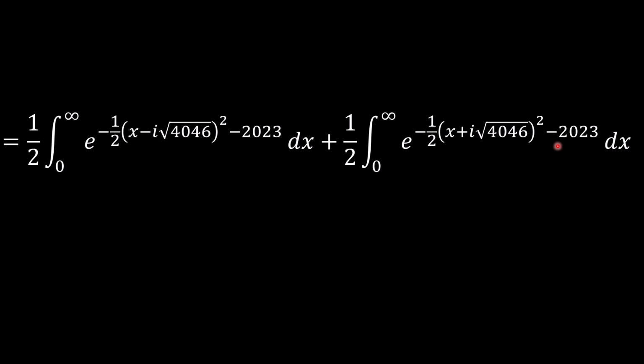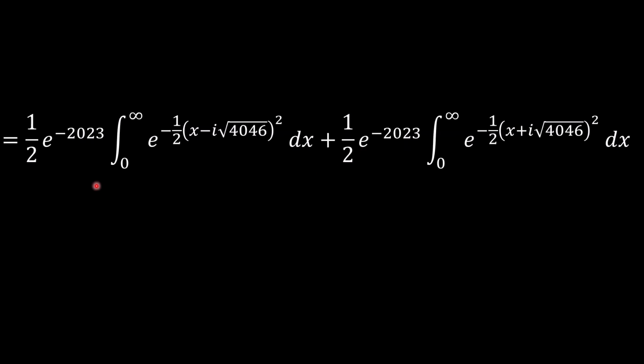We're trying to remove the b squared out, so that now we have a constant that we can pull out. And so we pulled out e to the power negative 2023, and we do have a square here.